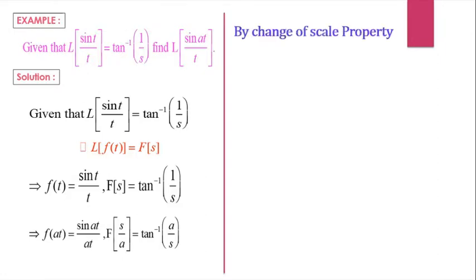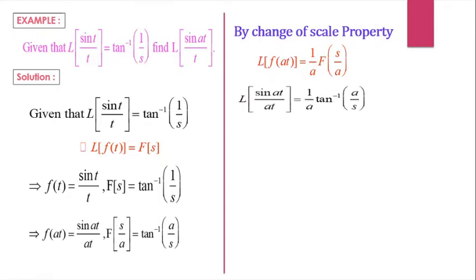Now by change of scale property, we can write Laplace of f of at is equal to 1 by a capital F of s by a. Since we know what f of at and capital F of s by a are, we merely substitute these values into the property. So we get Laplace of sin at divided by at is equal to 1 by a tan inverse a by s.